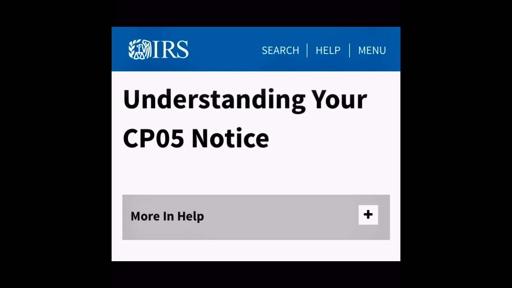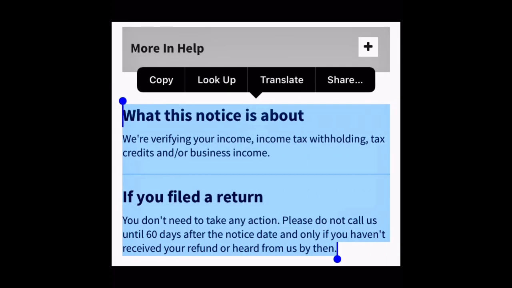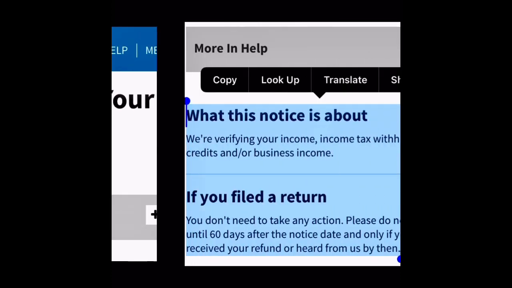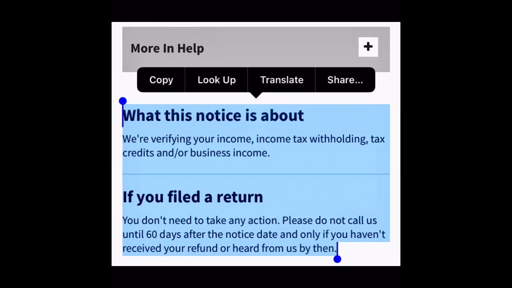Now, the CP05 notice. This notice means the IRS is verifying your income, your tax withholding, and some of the tax credits or business income. If you receive the CP05 notice and you filed a return, you don't need to take any action. The IRS is reviewing your return.